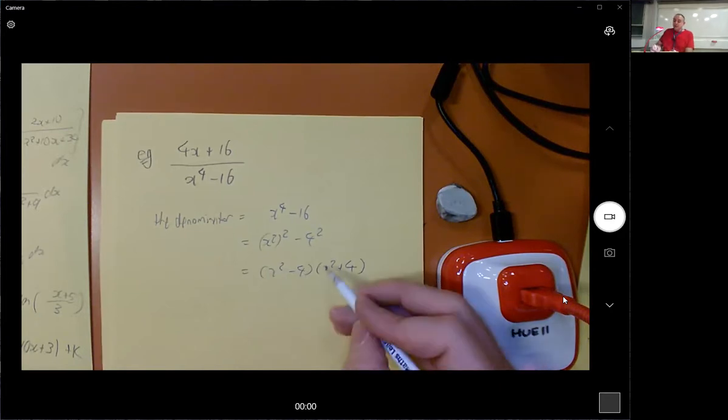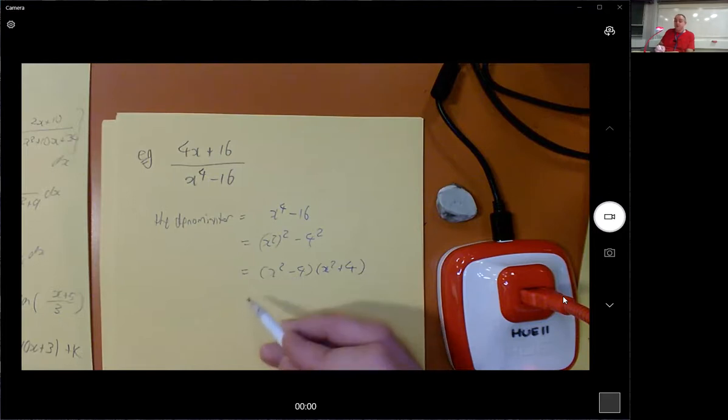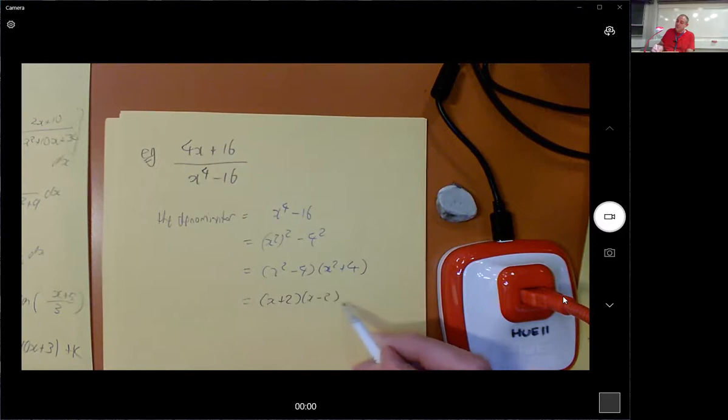Now, this one can't be 0 because x squared is always positive, so that one can't be factorized. This one, well, it's also a difference of 2 squares, and so this will be x plus 2, x minus 2. And that's as far as my factorization can go.